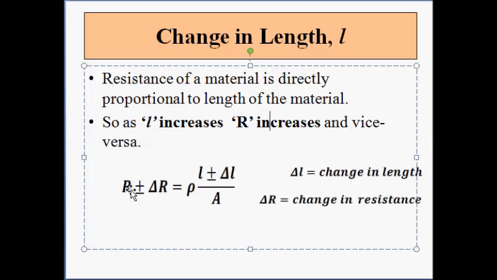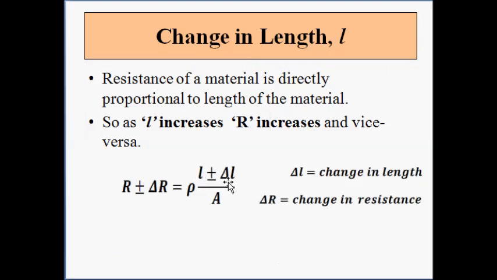Let us say the initial resistance is R, and the length of the material, which is subjected to compression or expansion, is changed by a factor del L. If there is an increase in length, given by the positive sign, there will be an increase in resistance by a factor del R. If there is a decrease in length, minus del L, there will be a decrease in resistance by a factor minus del R. A is constant; here only the change in length is considered.